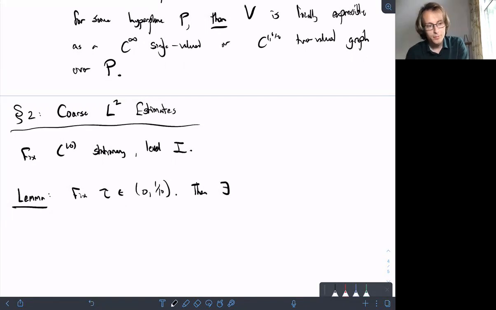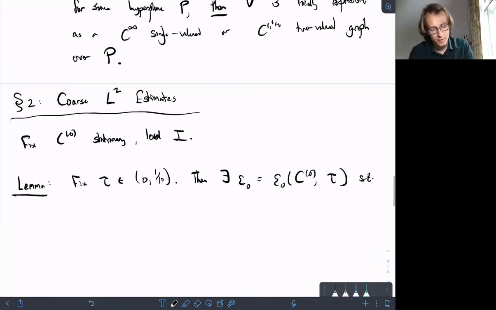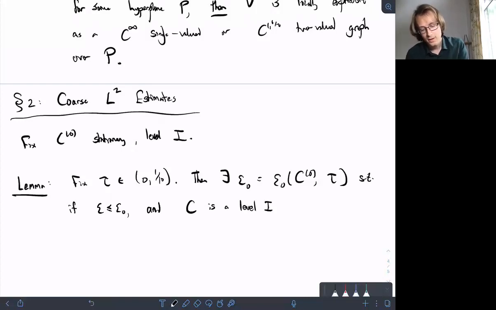So yes, we take a neighborhood of the spine. Then there is an epsilon, I call it epsilon naught, that depends on C0 and tau, such that if epsilon is at most epsilon naught, and C is a level I cone close to C0 — I haven't been precise about what I mean by this, but I imagine you can guess: it's another level I cone, the same level, and it's within epsilon.